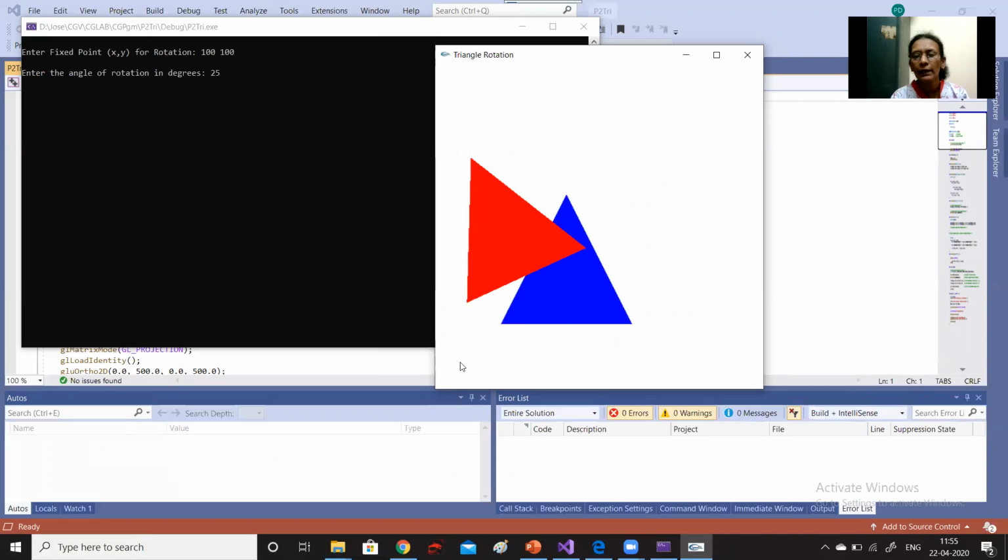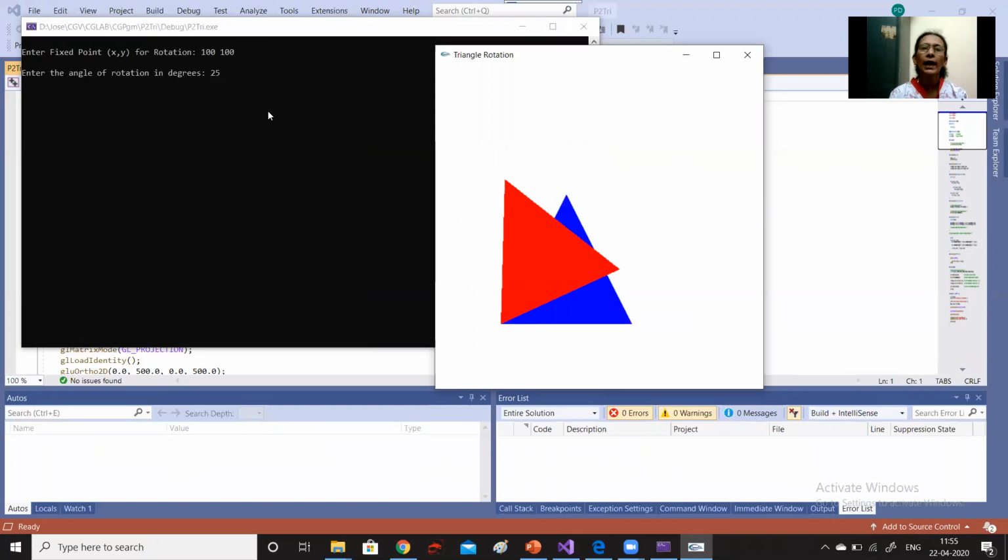Similarly, this angle would be 25 degrees. Similarly, this angle would be 25 degrees. Now, when I right click on this, I get the menu. Say I click on rotate around fixed point, then I get this. I have selected 100, 100, and 100, 100 is this. So I get this.